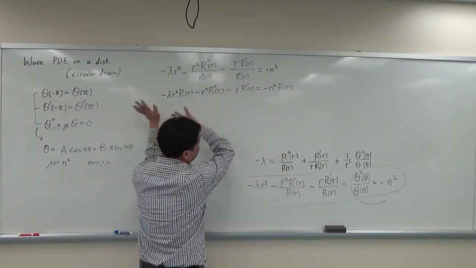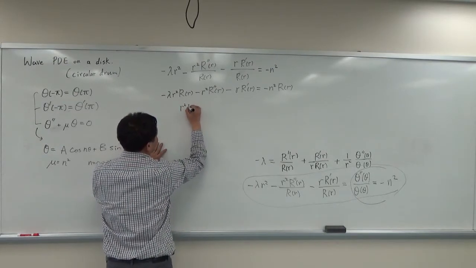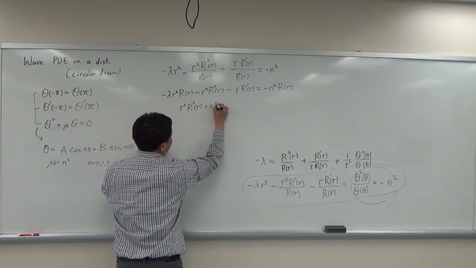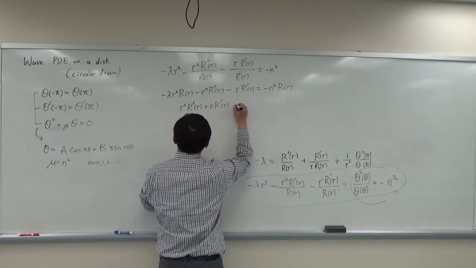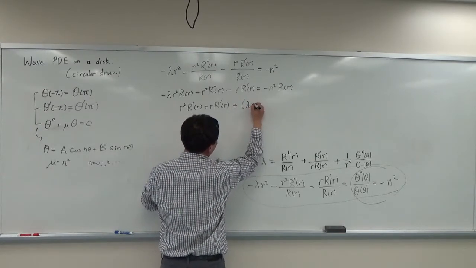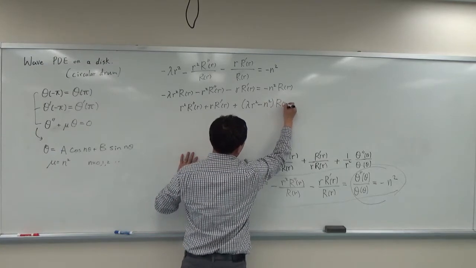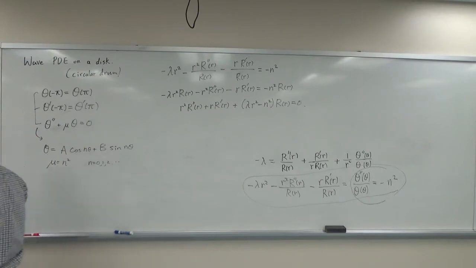And move everything to the other side, and you get R squared R double prime of R plus R R prime of R, and then plus lambda R squared minus n squared R of R equals 0. Okay.